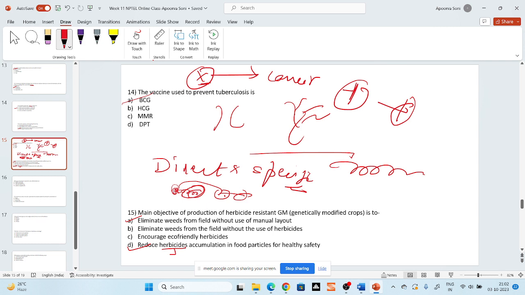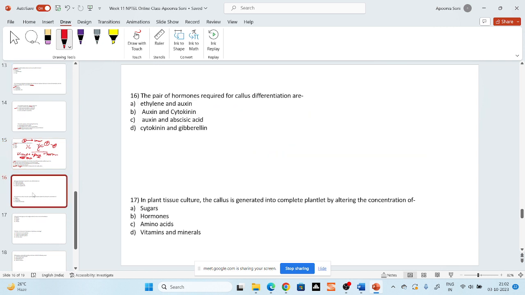Okay, I think we should quickly try to complete the questions now. The pair of hormones required for callus differentiation: ethylene, auxin; cytokinin, auxin; abscisic acid, cytokinin; or gibberellin. Option B, yes, auxin and cytokinin.